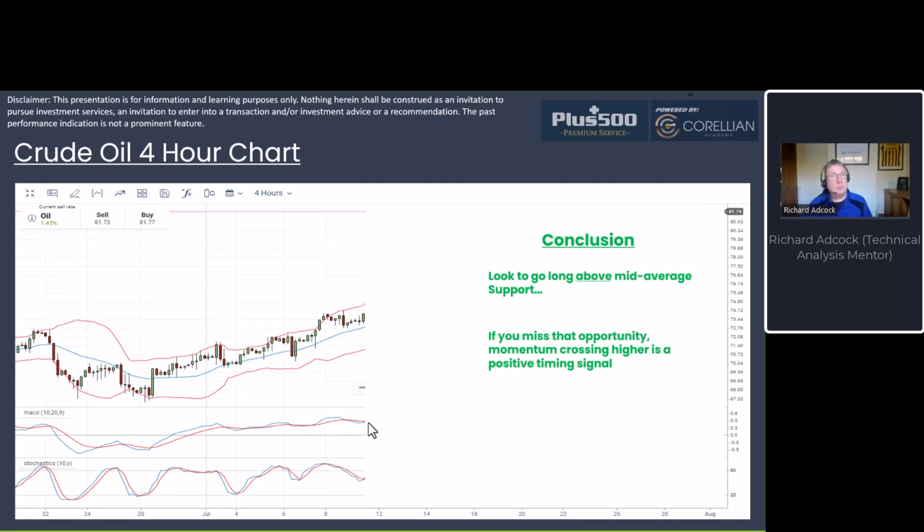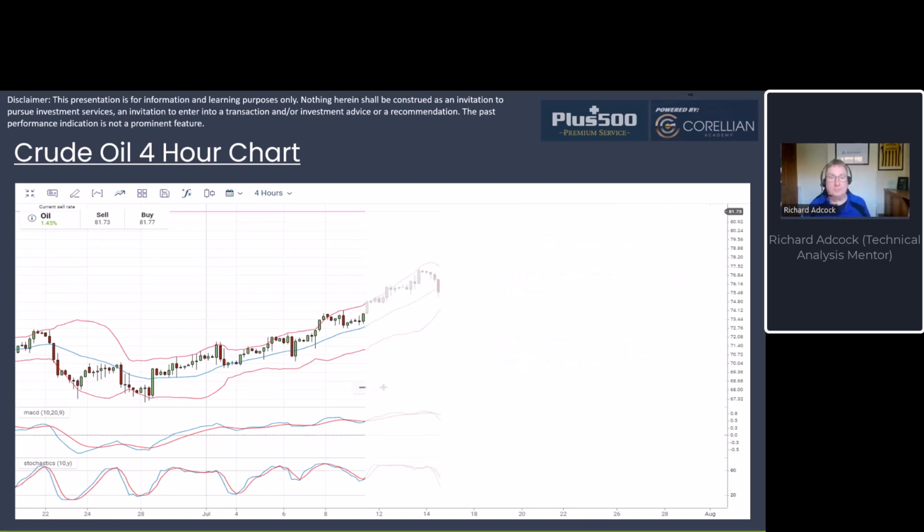Now, momentum turning higher within a bullish trend is a fresh signal to re-establish that positive trend, whether it's on the 4-hourly, 1 hour, 5-minute, or longer term daily and weekly perspectives. So even if we'd missed that opportunity to buy the setback, the momentum turning higher would be a signal to re-establish the longer term positive trends that we've established within the daily and weekly perspectives.